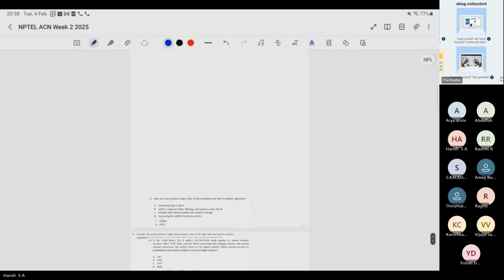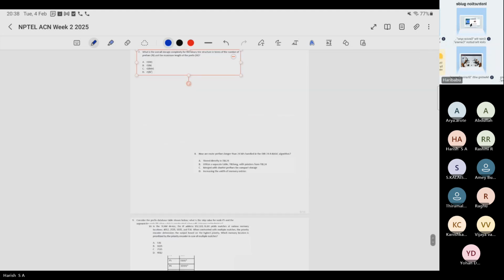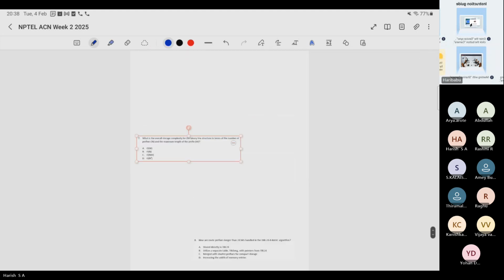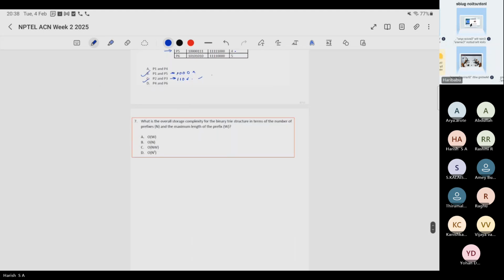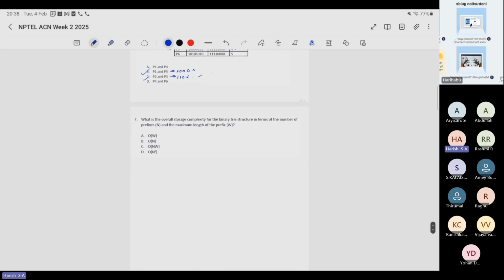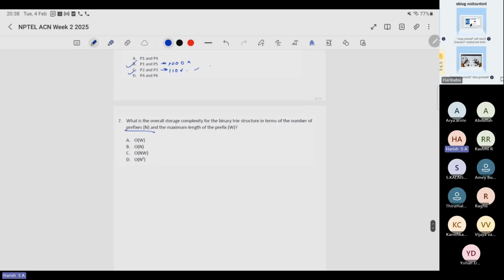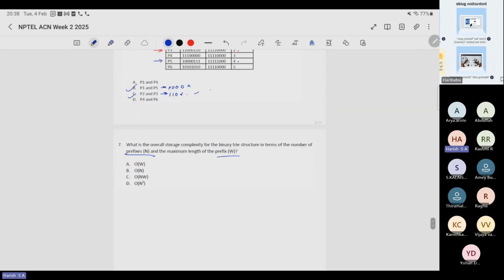Six. Okay, so the storage complexity for binary trie, in terms of the number of prefixes and the maximum length of the prefix.